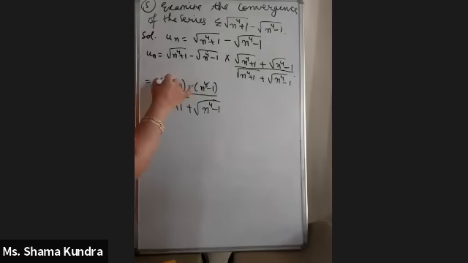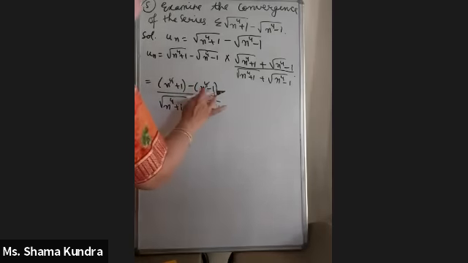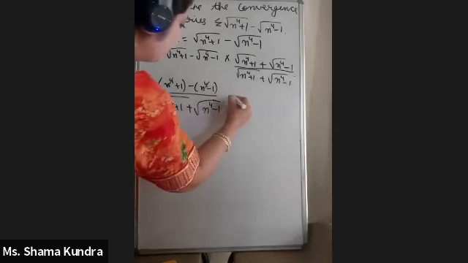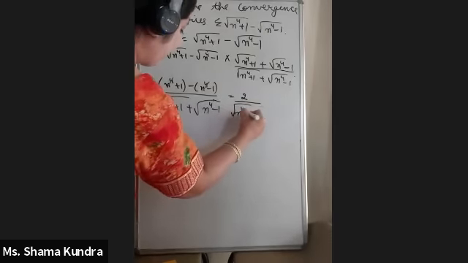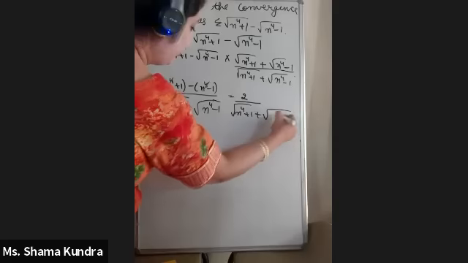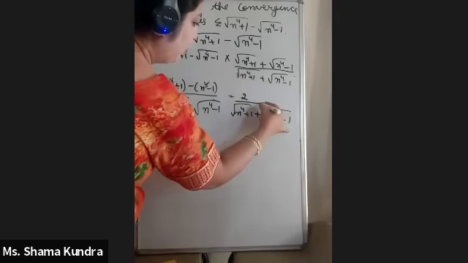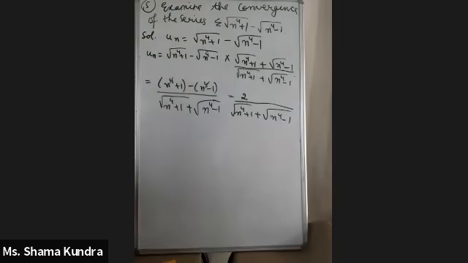Now n raised to power 4 will get cancelled out. Minus minus plus, 1 plus 1, 2. It will become 2 upon under root of n raised to power 4 plus 1 plus under root of n raised to power 4 minus 1. Now to find Vn, we need to take the higher power of n common, that is square root of n raised to power 4, which is n square.